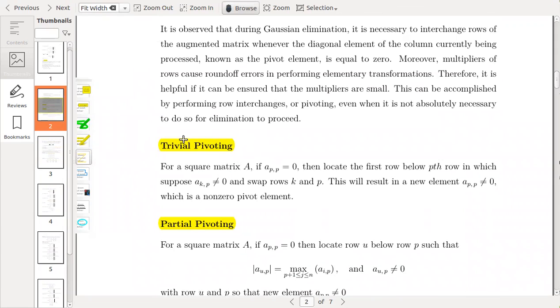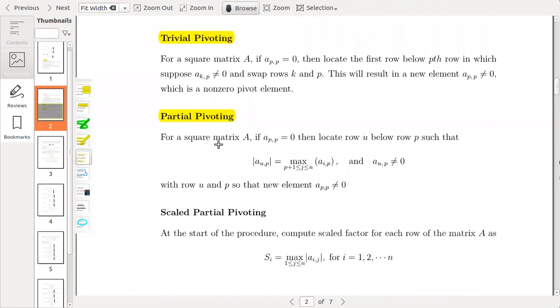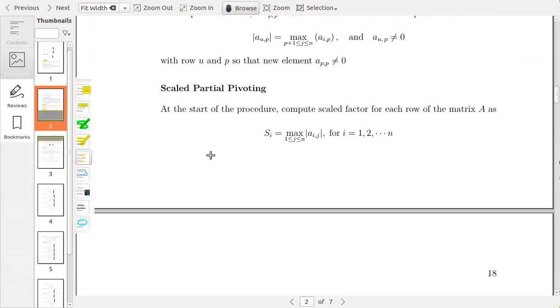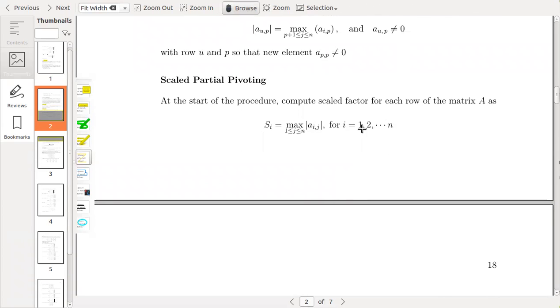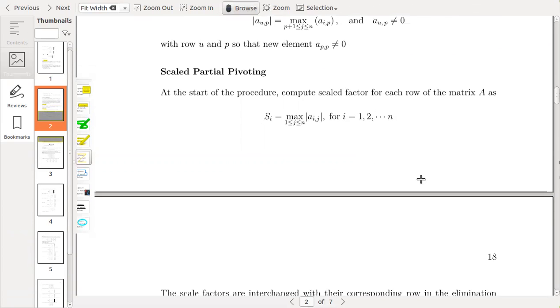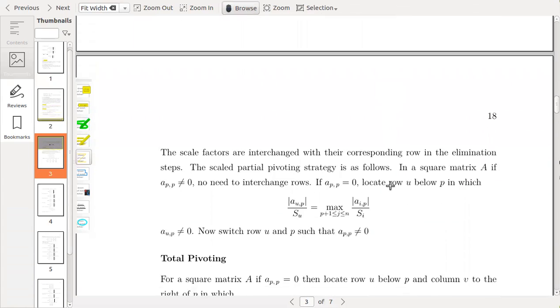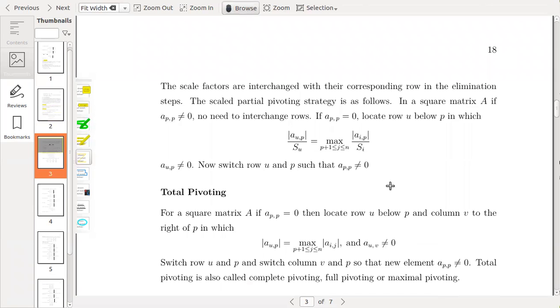In trivial pivoting, we just interchange rows if the element in the first row is 0. In partial pivoting, we interchange the first element if it is 0 with any other non-zero element in the same column. In scaled partial pivoting, we calculate a scaling factor to know with which row we have to interchange this first row. So that is the difference.